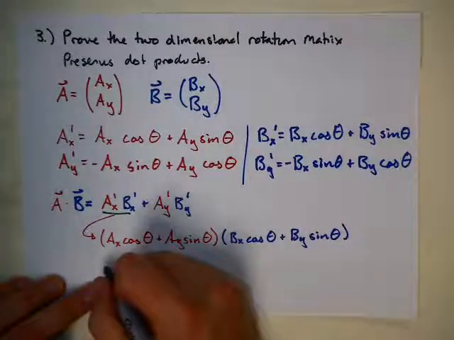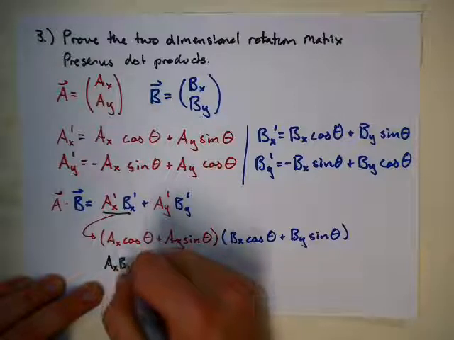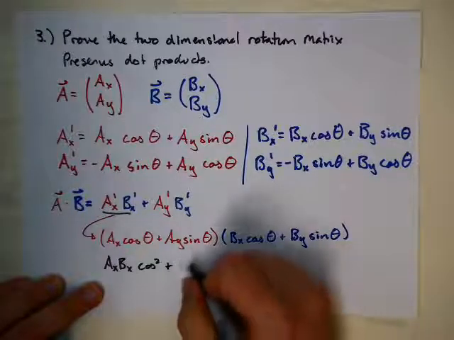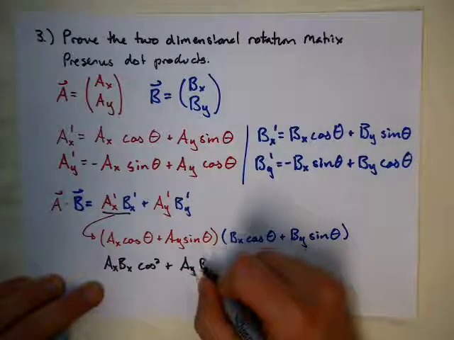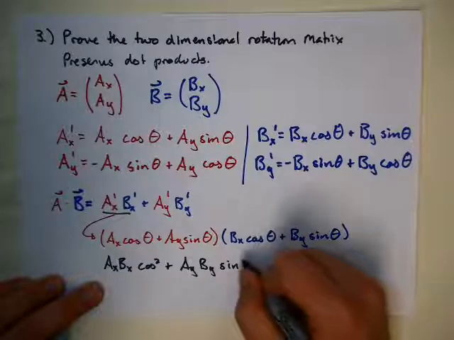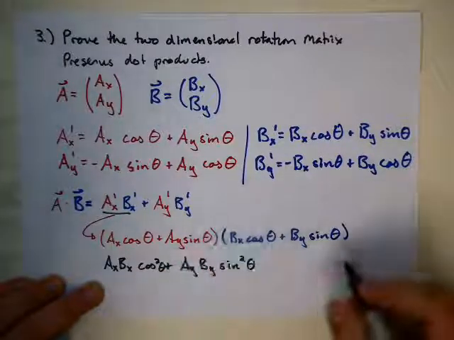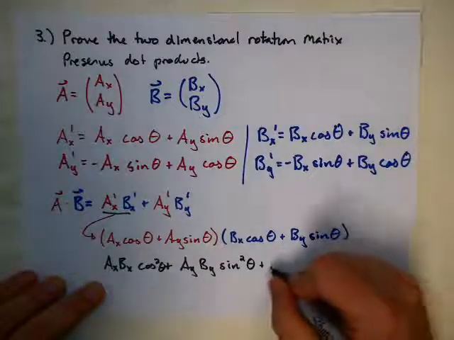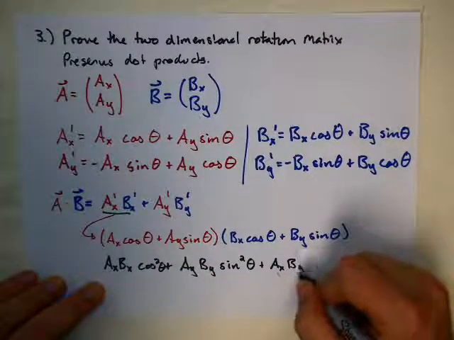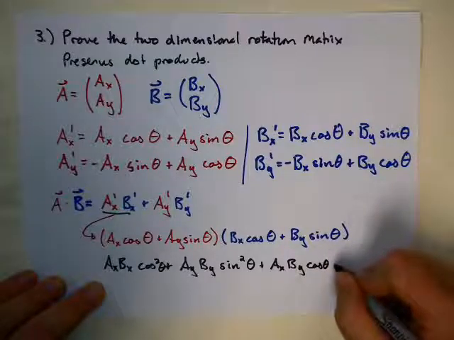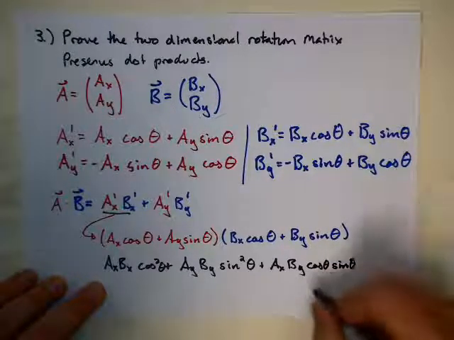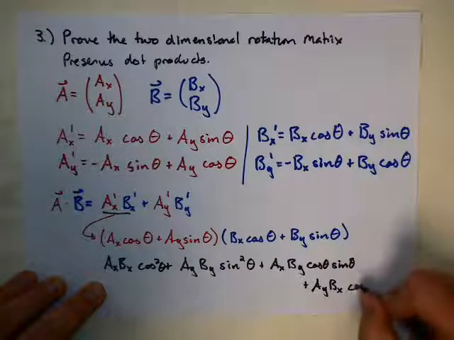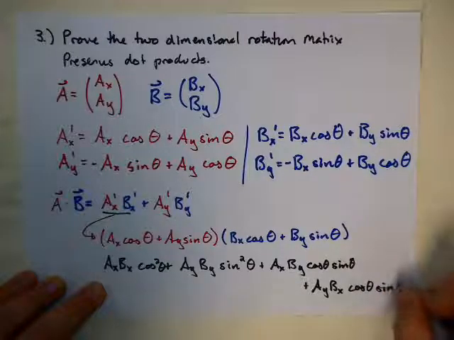I just do the FOIL. So first, AX BX cosine squared. And then I'm going to do last. And so AY BY sine squared. And then I have the mixing terms. And so I'm going to get AX BY cosine sine and AY BX cosine sine.